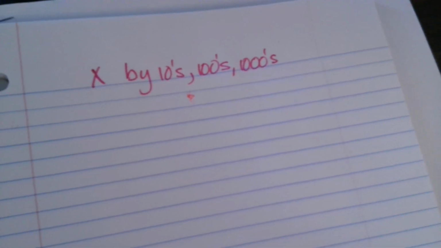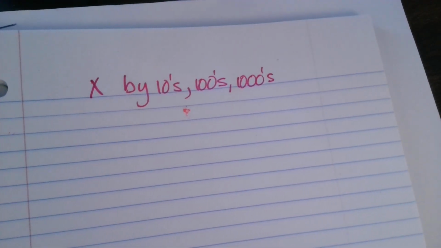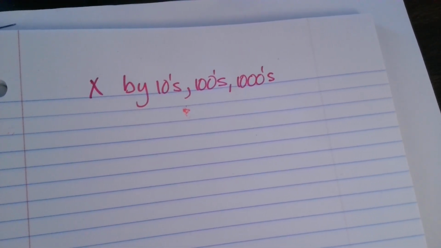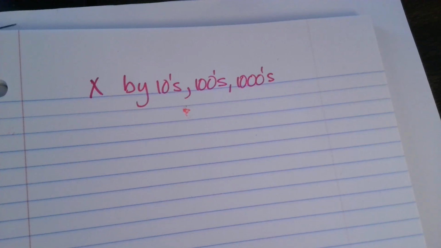What's the common theme that you're seeing there with this topic? 10's, 100's, 1000's. What do they have in common? We're multiplying by 10's, yes, but more precisely we're multiplying by multiples of numbers that end in zeros, like 10, like 100, like 1,000.